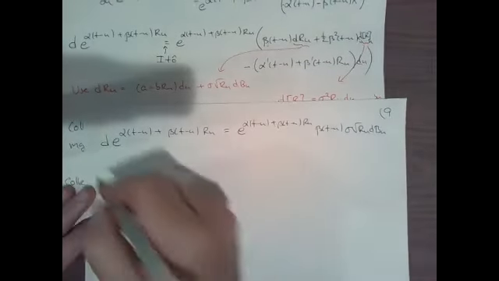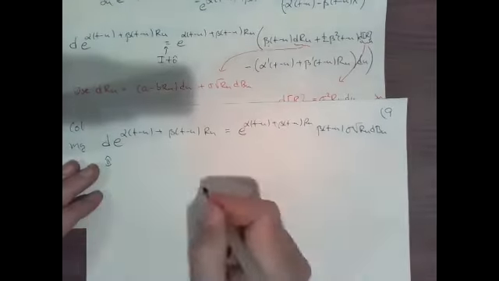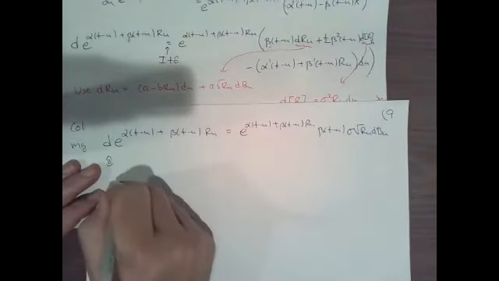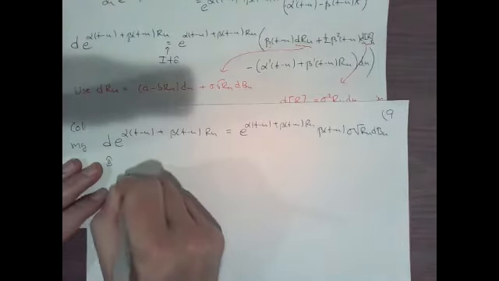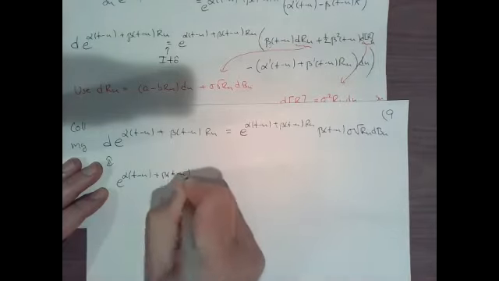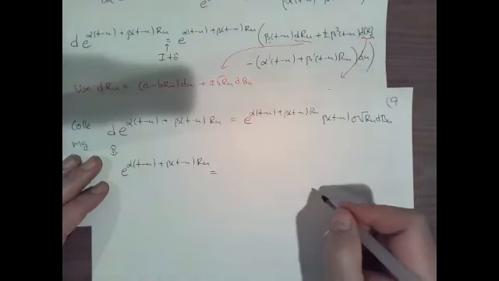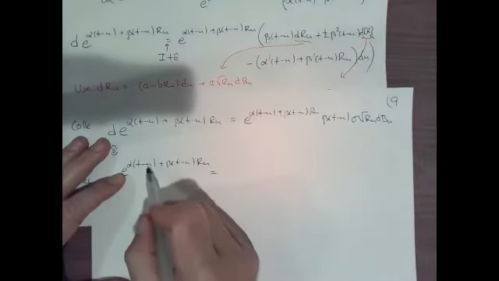Remember, this is nothing else than a shorthand notation for something that is much longer. This is the same thing as saying e to the alpha t minus u plus beta t minus u ru. This is the same thing as the initial value. Okay, so now we take u to be 0.